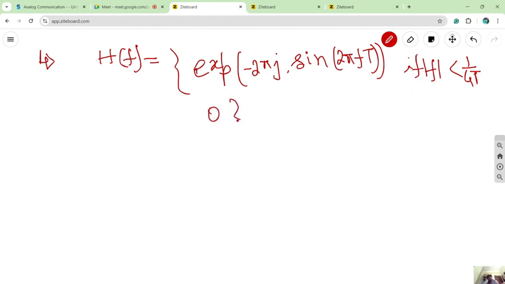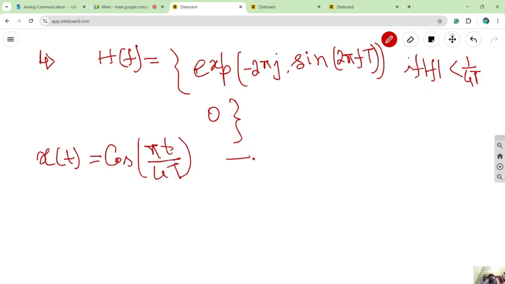Otherwise, it is 0. Then for the same input, what will be the output?